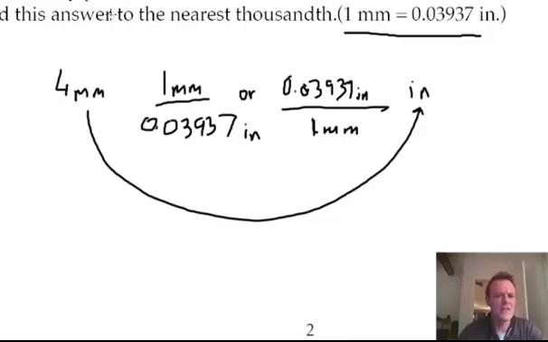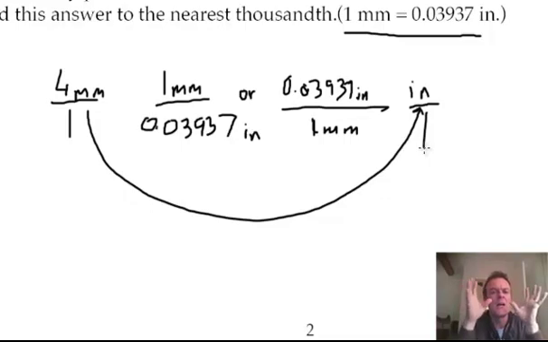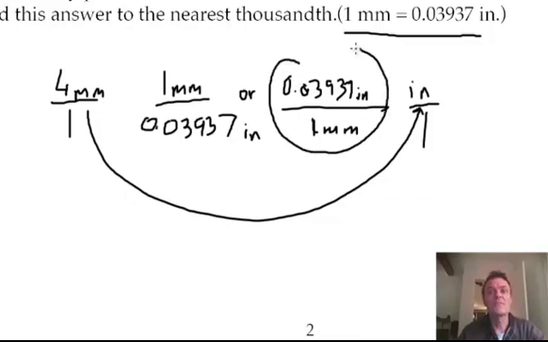If I think of this millimetre as over 1, I need millimetre on the bottom to cancel that millimetre on the top, now next to the 4. Which one of these two has millimetre on the bottom? Looks like this one here. So I'm not going to use the other.